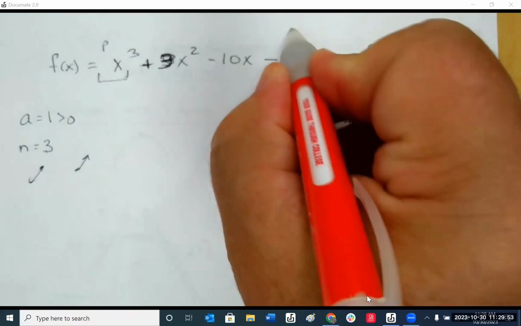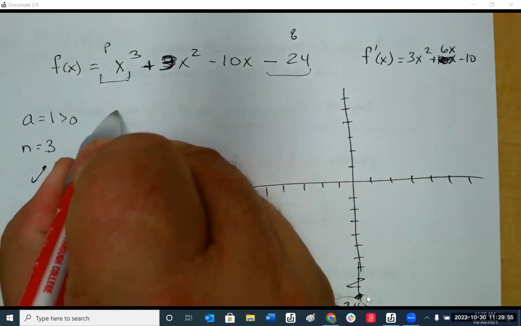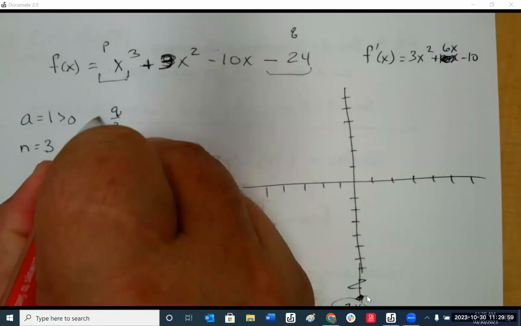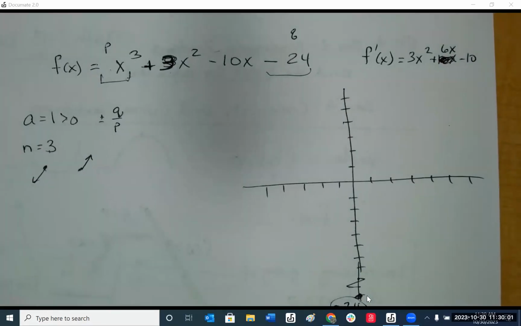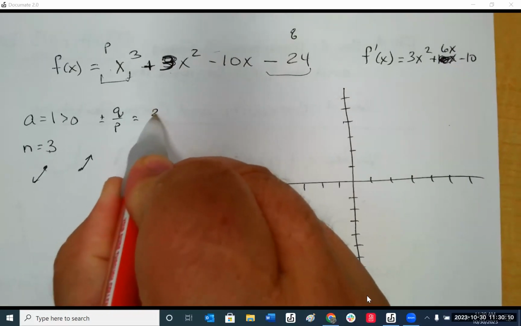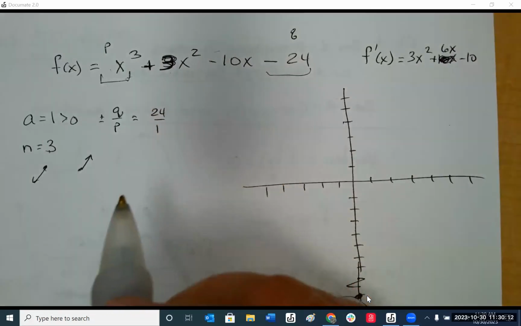This is P and this is Q. We have to look for all the possibilities of Q over P, and then see which of those are zeros. So 24 over 1.